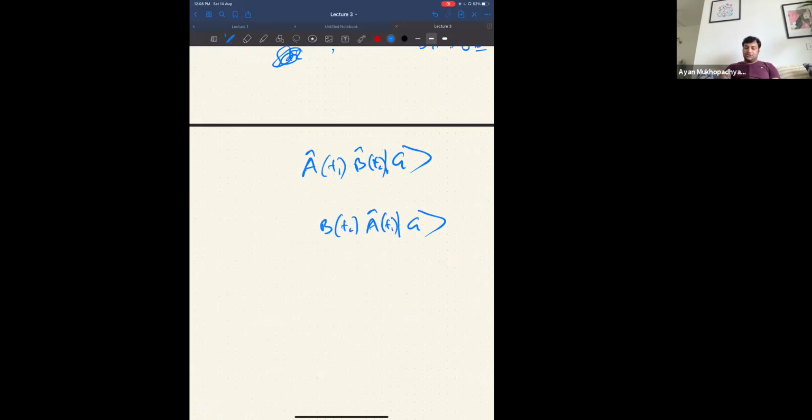Sorry, I made a small mistake. So let us say that t1 is always greater than t2, okay? What I do, I first put the B perturbation and then put the A perturbation. And then I put the opposite thing. I first put the A perturbation and then I put the B perturbation.